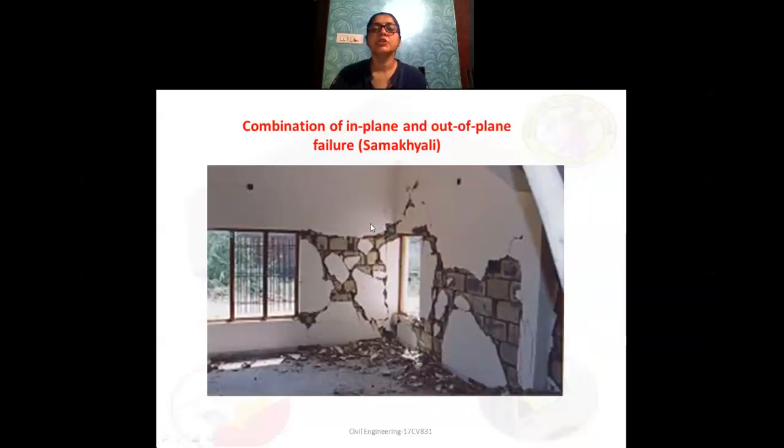And this shows a combination of in-plane and out-of-plane failure. We know that in masonry buildings there are two types of walls: one is the shear wall and the other is the cross wall. Walls which are parallel to the axis of the building, which are parallel to the ground motion, are called shear walls, and walls perpendicular to the ground motion are cross walls.